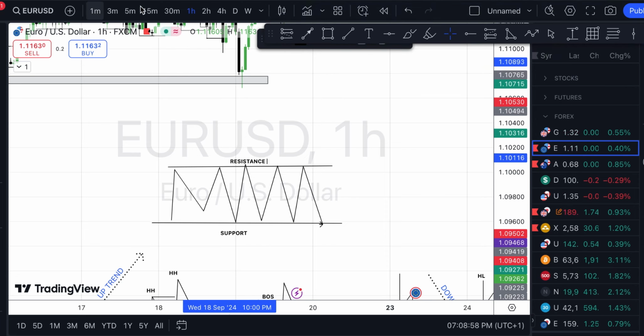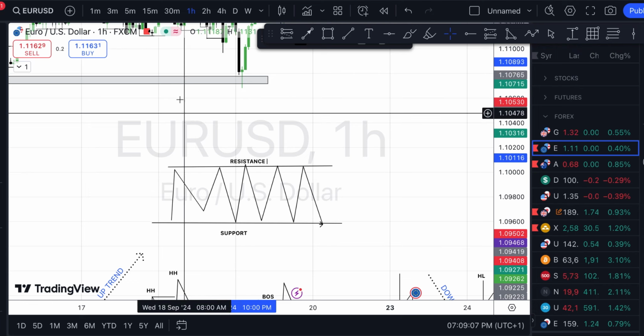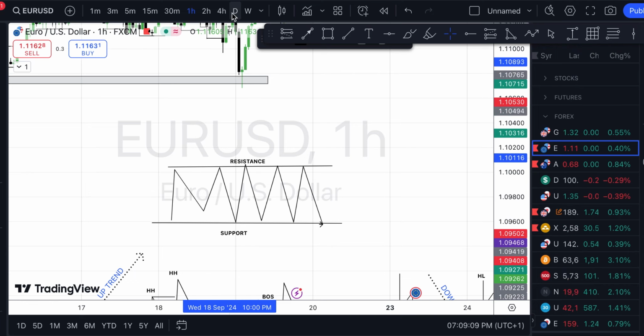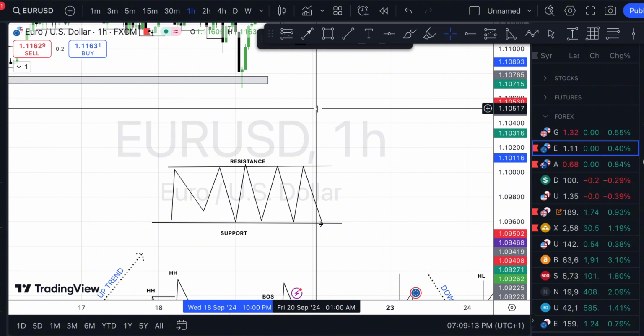You can take trades from any time frame, but it is safer to identify your trend from a higher time frame. Let's say, for example, you are a day trader.